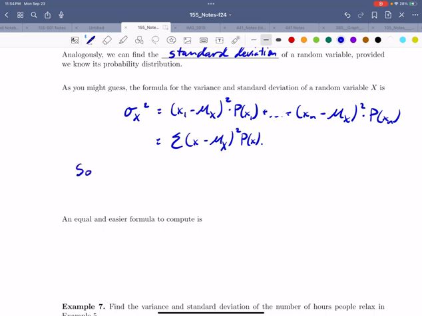And then you have that sigma of big X equals the square root of, well, I should write the whole thing. I'm just going to write sigma squared X. So it's the square root of all that.